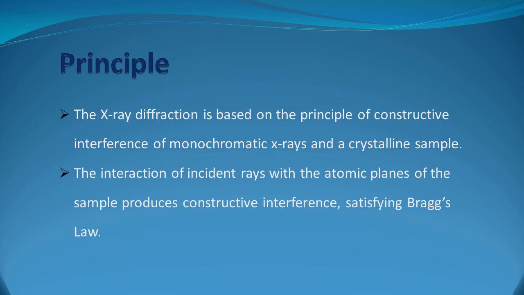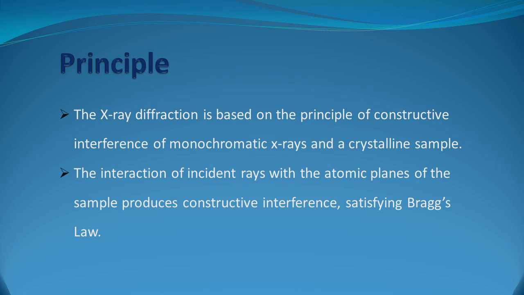The basic principle of X-ray diffraction is the constructive interference that happens between the monochromatic X-rays and the sample placed in their path. So there is a bending of X-rays, and due to this, diffraction patterns happen. The constructive interference happens, and we get the image of the spots of the lattice points on the screen.